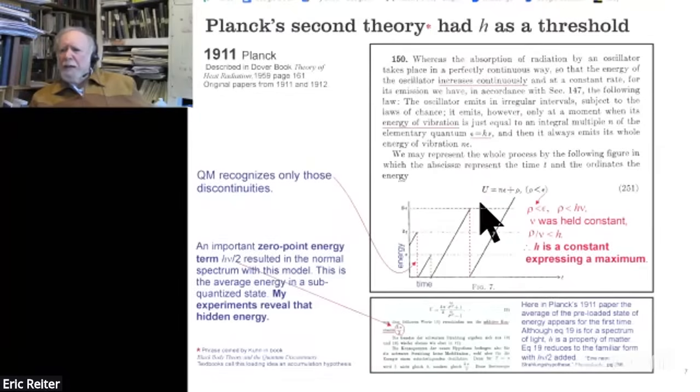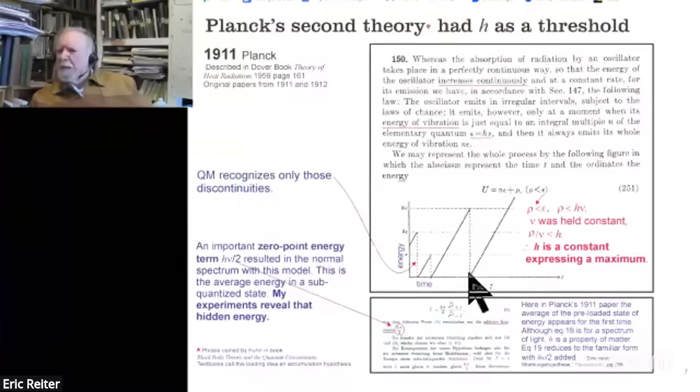They show that it acts like a continuous, well, actually arbitrary absorption, and then quantized emission. So I'm substantiating a slightly modified version of Planck's second theory.